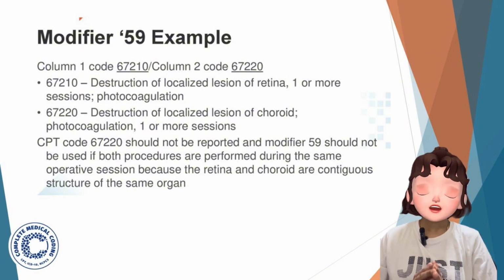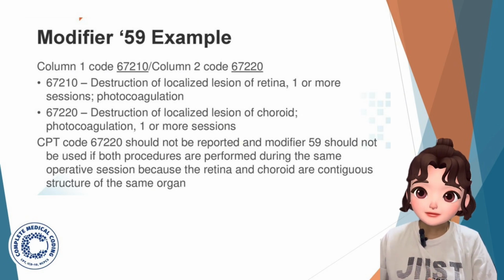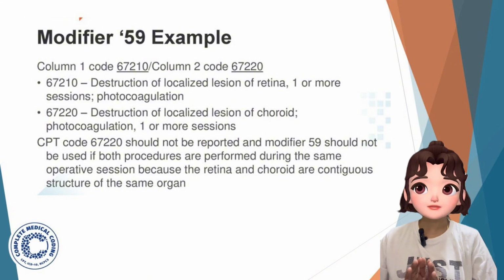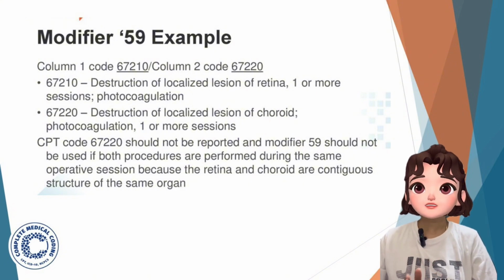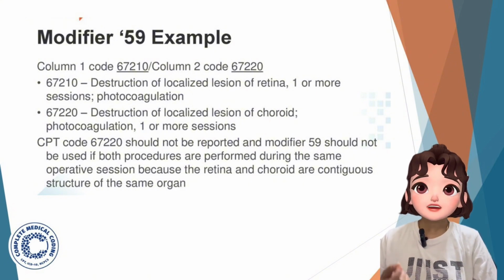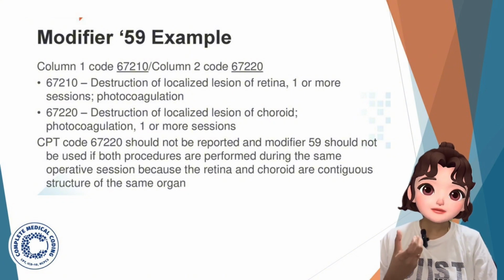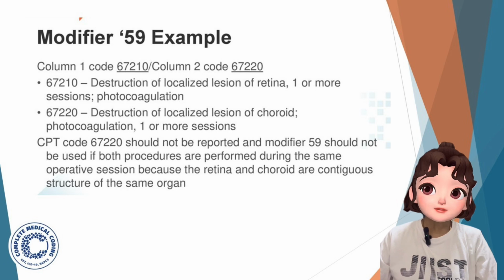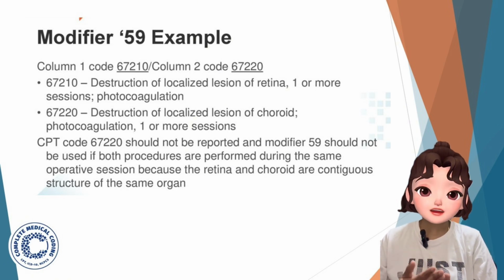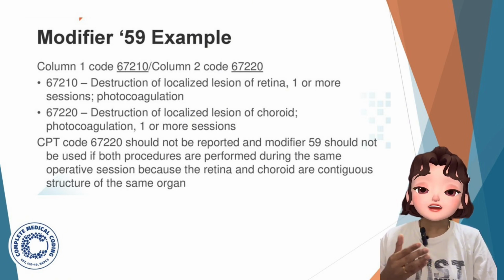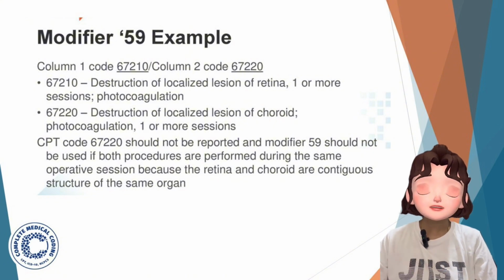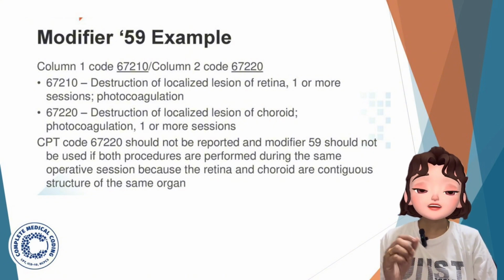Retina and choroid are contiguous structures of the same organ, the eye. They are just separated by a small wall-like structure. That is why it is a contiguous structure.